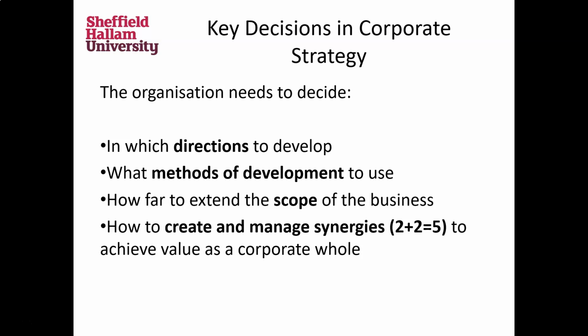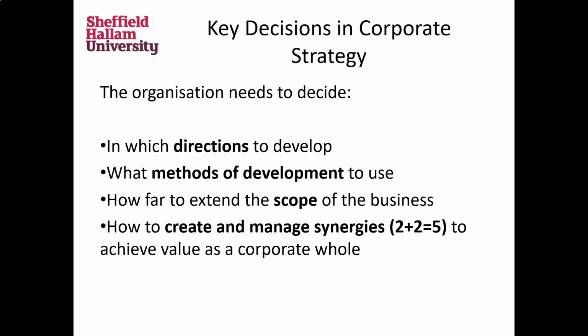And the real acid test for how far to extend the scope of the business is, can the organisation create and manage synergies? And synergies is simply 2 + 2 = 5. So the sum of the parts is greater than the individual parts. And synergies is what organisations are trying to achieve as they develop corporations.